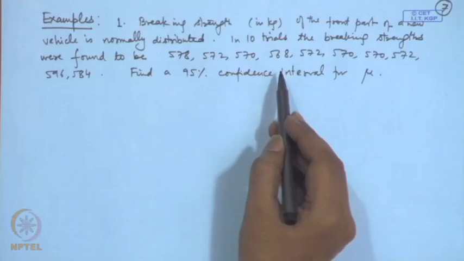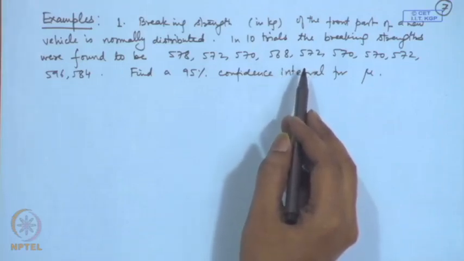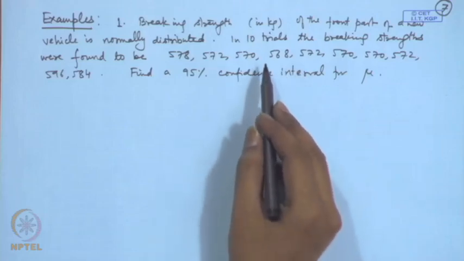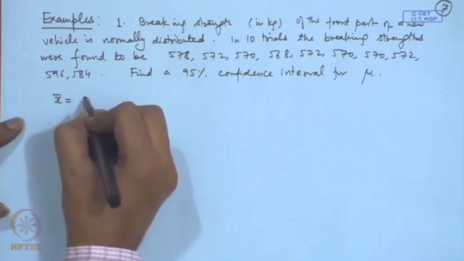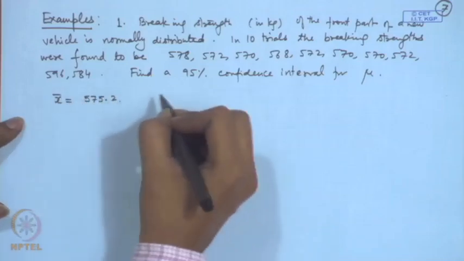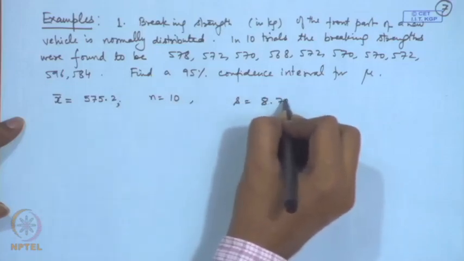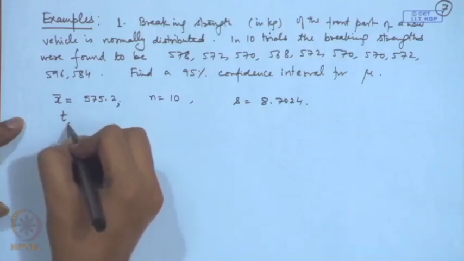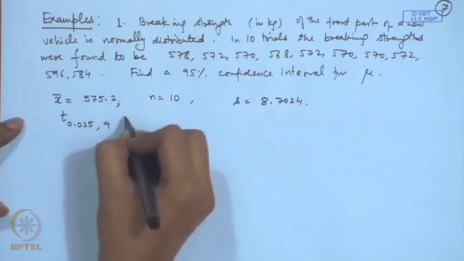So, here the unknown variance formula has to be applied. So, we will consider x bar plus minus s by root n t alpha by 2 on 9 degrees of freedom. If we calculate here, x bar turns out to be 575.2, here n is 10 and s turns out to be 8.7024. So, we look at the value of t alpha by 2, that is 0.025 on 9 degrees of freedom.